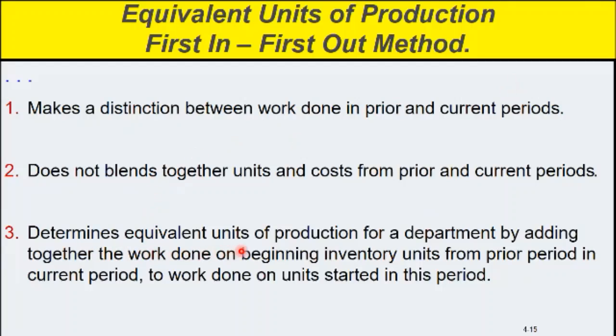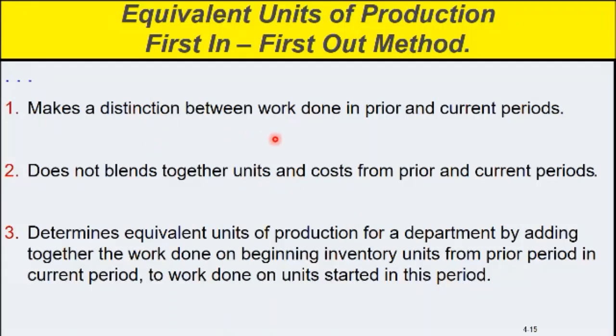Okay, it determines the equivalent units of production for a department by adding together the work done on the beginning inventory units from the prior period in the current period to the work done on units started in this period.